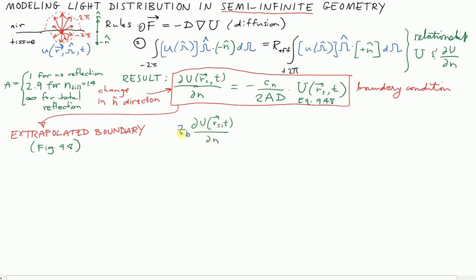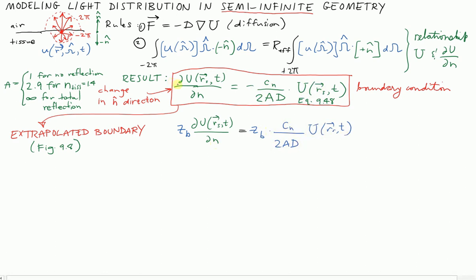If that amount equals the value at the boundary, then at that extrapolated height, I will have a value of 0. So if I just substitute in for what dU/dn is, that's going to give me z boundary times this quantity over here. I'm only interested in its absolute value. So the absolute value of that is Cn over 2AD. And then I plug in the U that I have here.